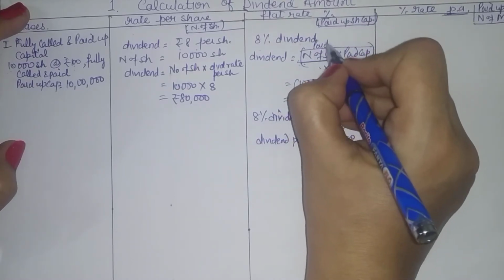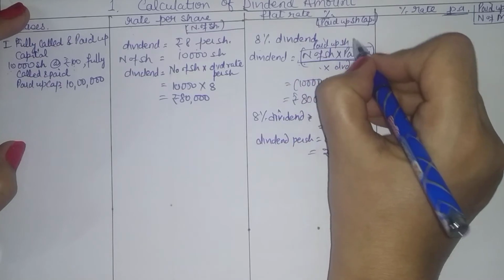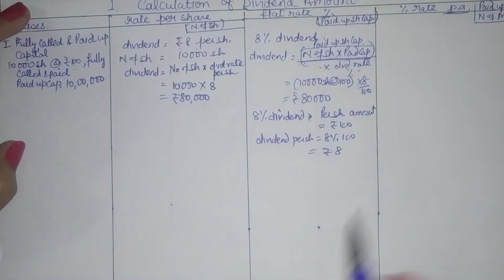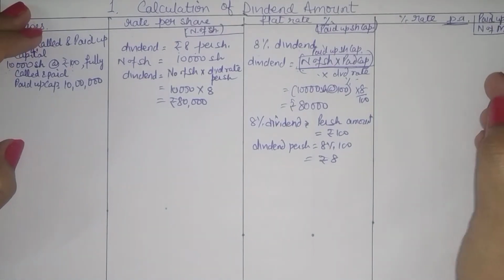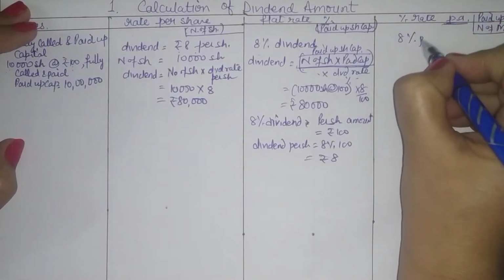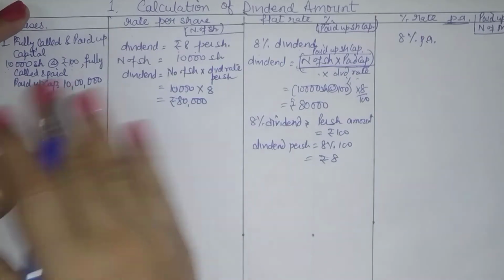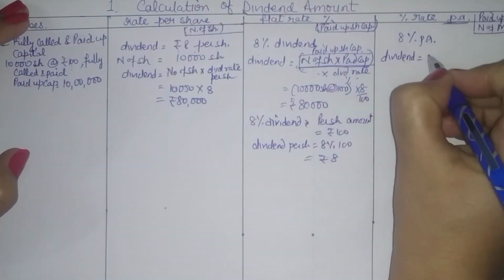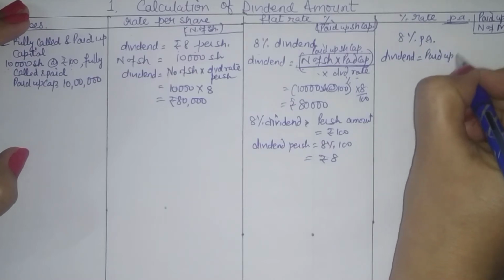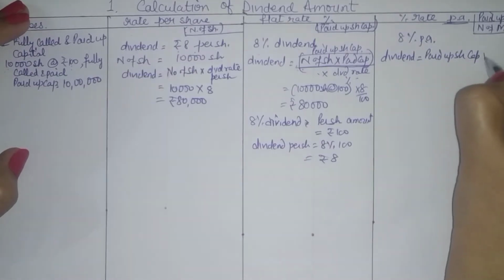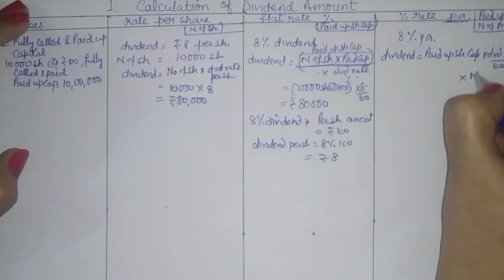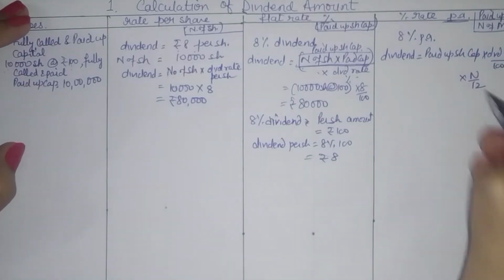When you multiply the number of shares with the paid up capital per share, you get paid up share capital. Now coming to rate per annum. Now if the rate is 8% per annum, then in a simple question, it is not going to affect the amount of dividend, because it is paid up share capital into dividend rate into number of months by 12.